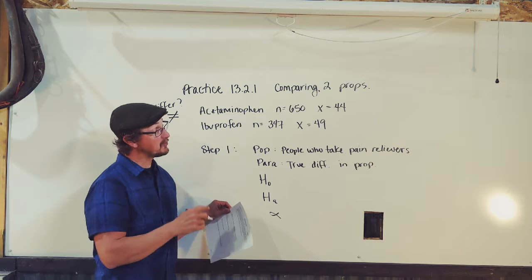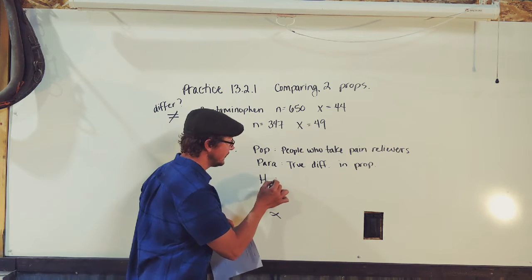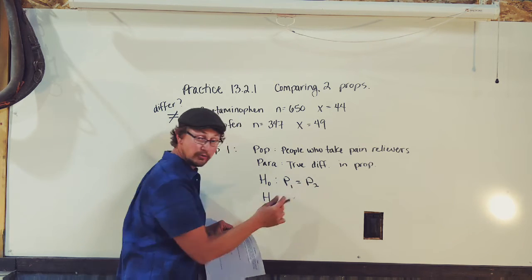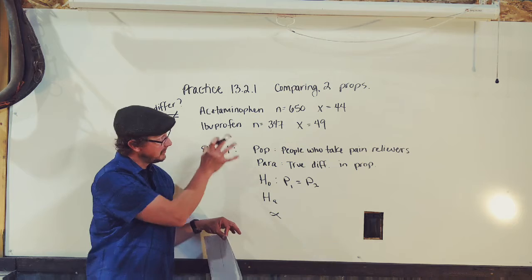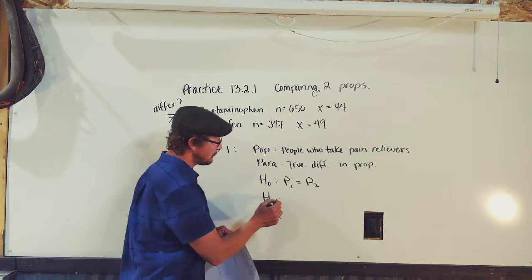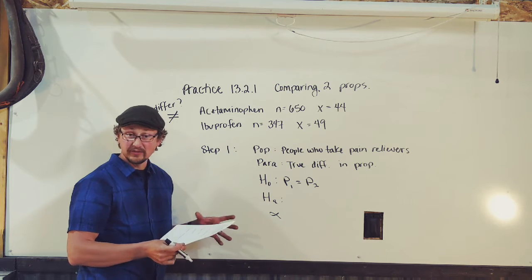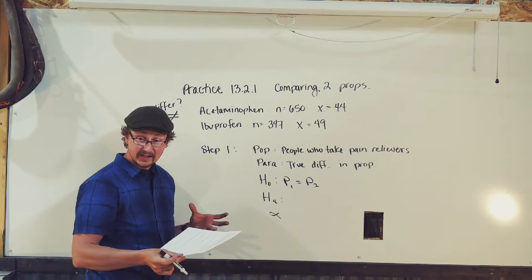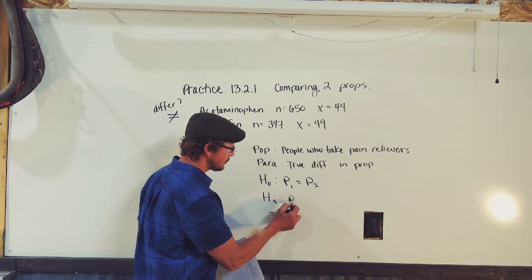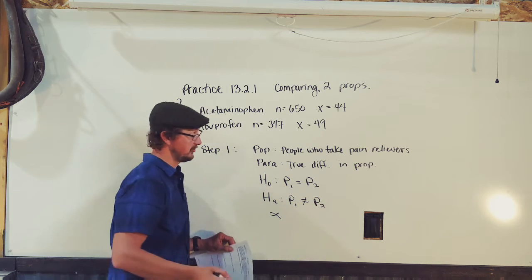Our null hypothesis when we're comparing two proportions, or two means for that matter, is that they are the same. There's no difference in adverse effects, in the context of this question, no difference between the two proportions. My alternative, because it doesn't wonder if ibuprofen is more symptomatic or less, it's simply asking, are they different? We're going to say proportion 1 is not equal to proportion 2.